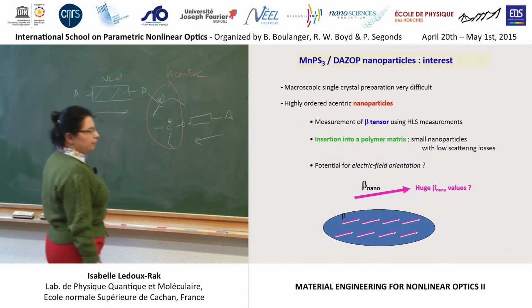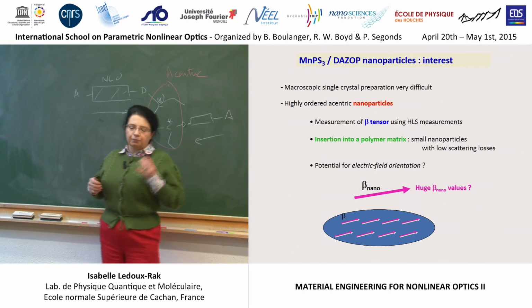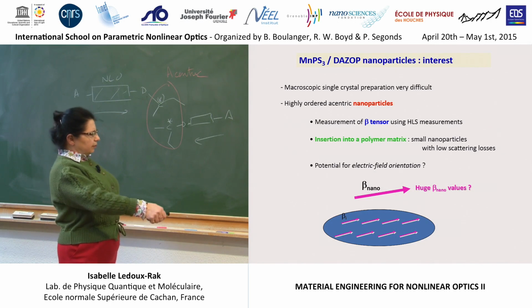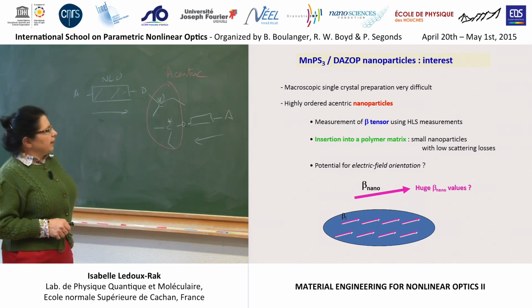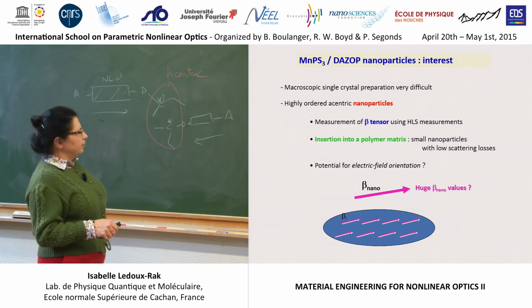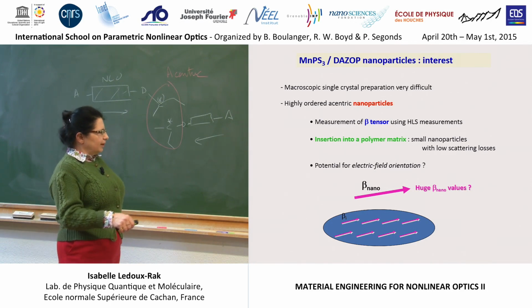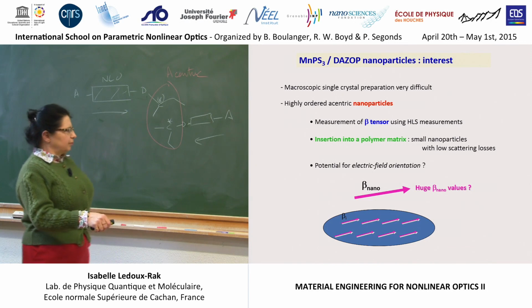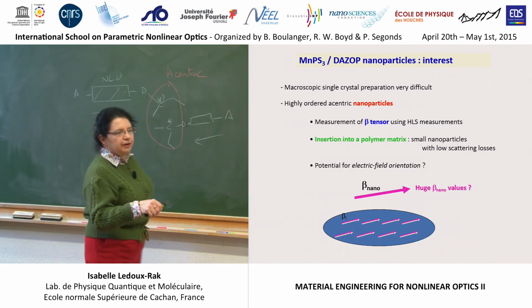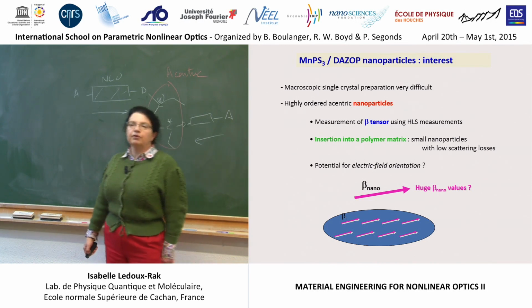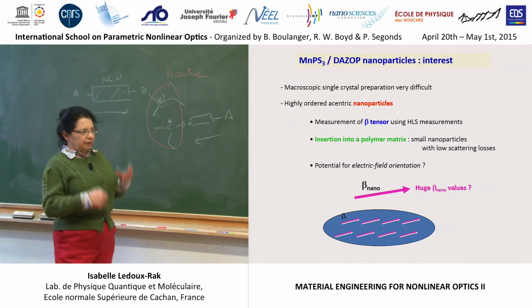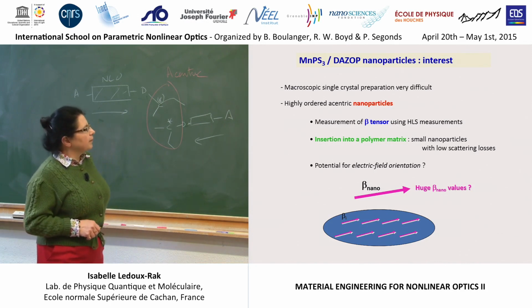And for that, in order to make sure that molecules are oriented in a parallel manner, we had to use nonlinear optics, and we had to use the beta response, not only of each molecule, but also of each nanoparticle, using the harmonic light scattering experiment I showed you this morning, which can perform second harmonic generation in a coherent way in solution.